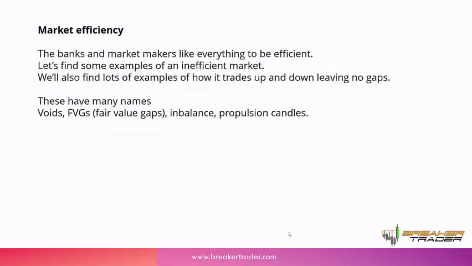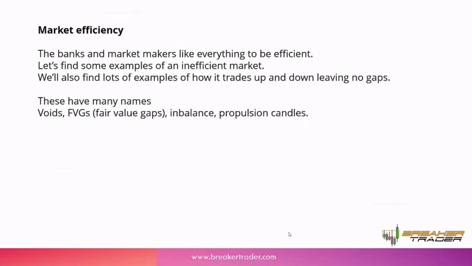The next thing we're going to look at is what I call market efficiency. The banks and the market makers like everything to be efficient when price moves. Okay, so price moves up and down, but it moves in a very efficient way.